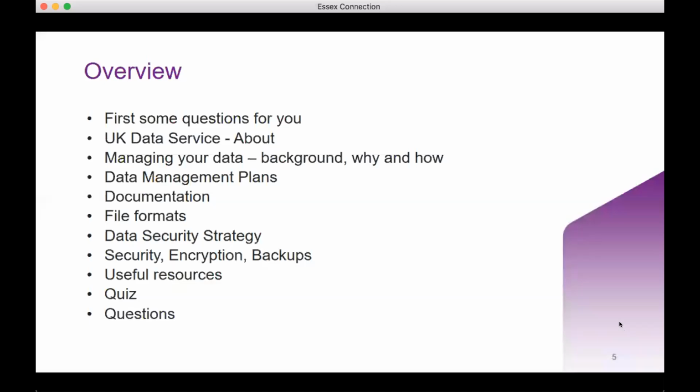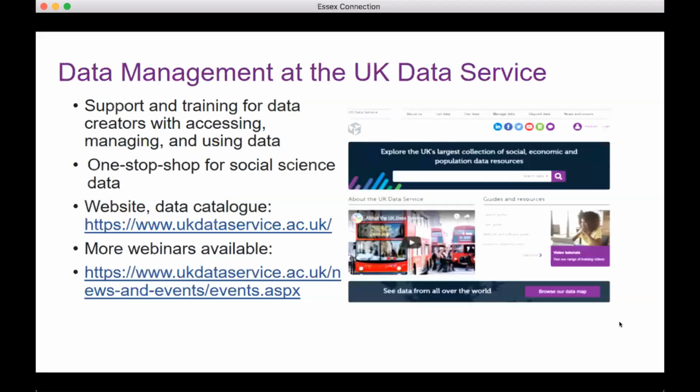Right, sorry for that. Okay, so the UK Data Service is funded by the Economic and Social Research Council and is a single point of access for a wide range of secondary social science data. We also provide support and training for data creators with accessing, managing, sharing, and using data.